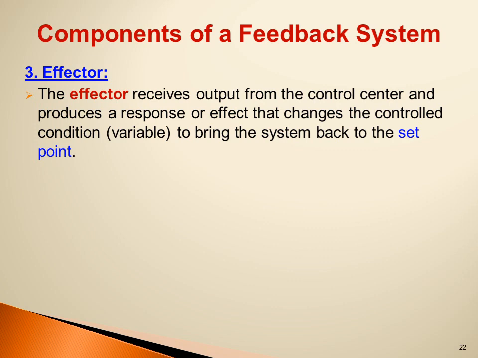The effector receives output from the control center and produces a response or effect that changes the controlled condition or variable to bring the system back to the set point. For example, with high blood pressure, through the feedback system the final result is bringing the blood pressure back to normal, as we'll see in the coming examples.